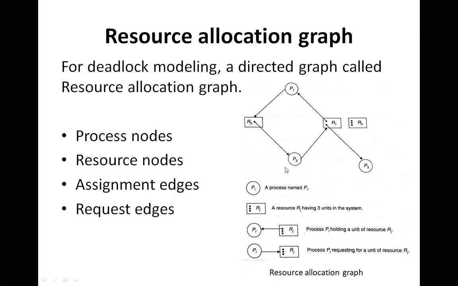That edge is called an assignment edge because it represents that this is the resource and this is the process. Since the edge is from R2 to P2, it says that resource R2 is assigned to P2. Similarly, R1 resource is assigned to P3. R1 resource is assigned to P1 process, and so on.